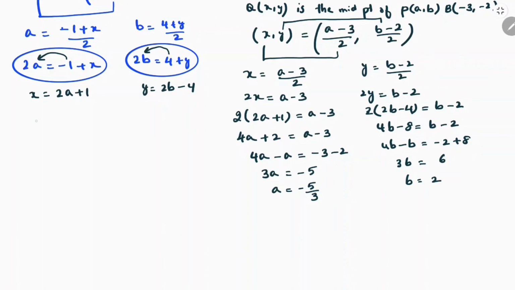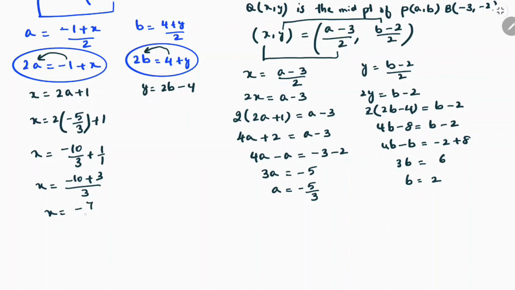Now substitute these values to get x and y. x equals 2 times a, which is -5 by 3, plus 1. 2 times 5 is 10 by 3, plus 1. The LCM is 3: minus 10 plus 3, so x is -7 by 3. The b value is 2, so y equals 2 times 2 minus 4, which is 4 minus 4, so y is 0.